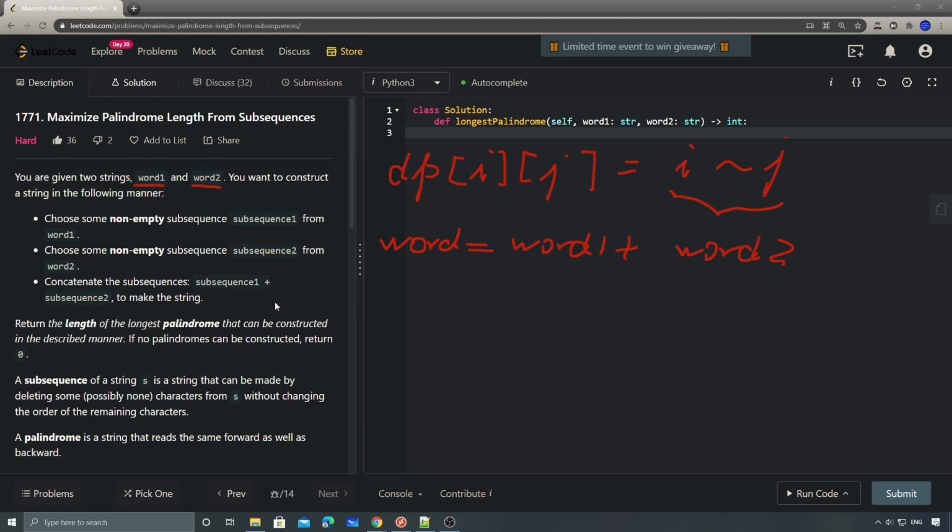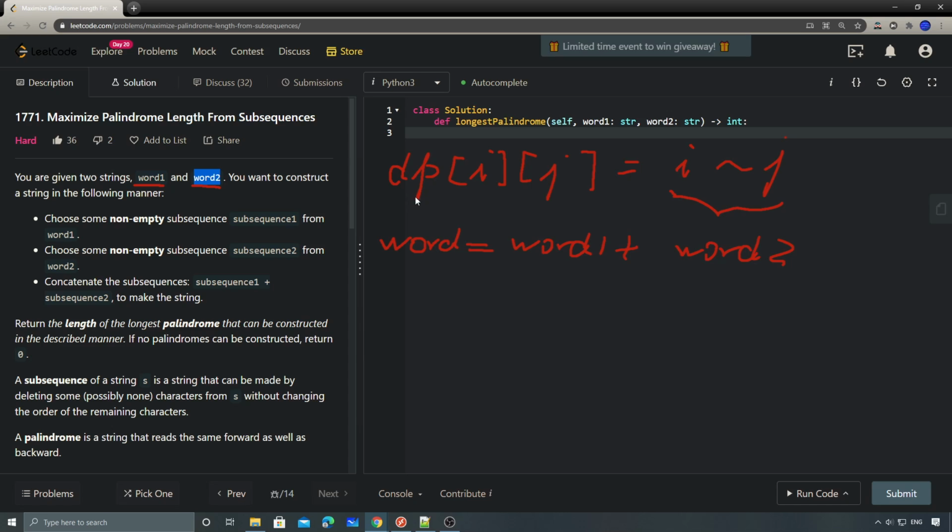So the only problem we need to solve is how can we make sure the palindrome has letters from both word 1 and word 2.